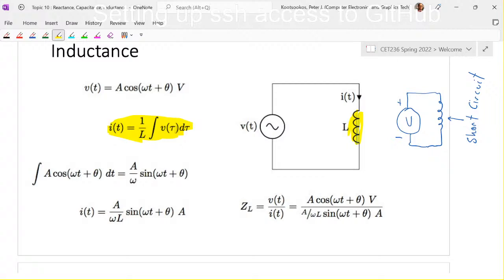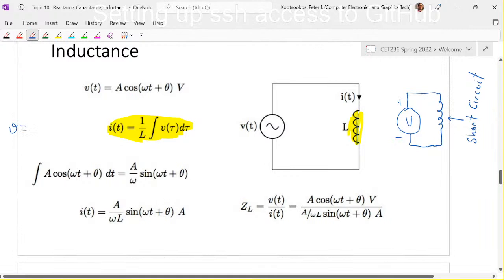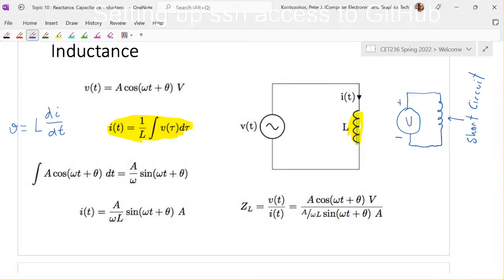The other way to look at that is v equals L di dt. And that v equals L di dt, if you drive a gasoline-powered car, that's the thing that's keeping it going.